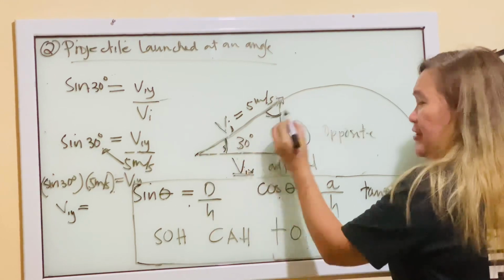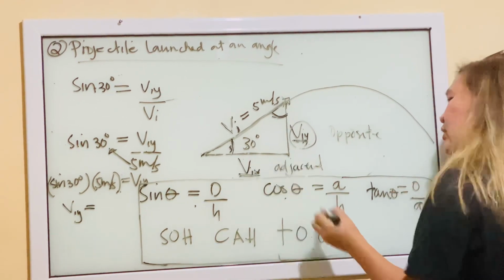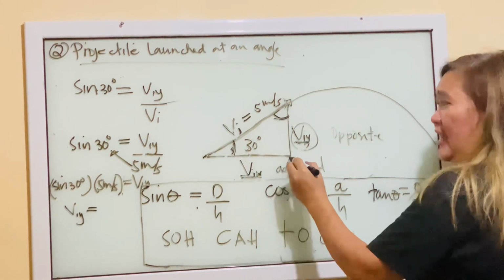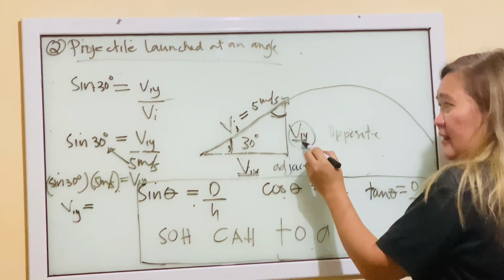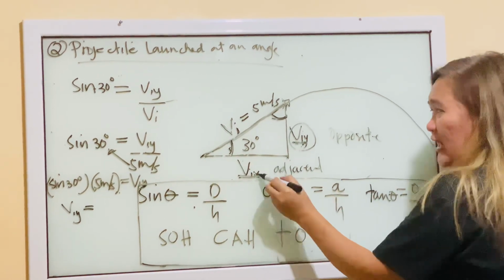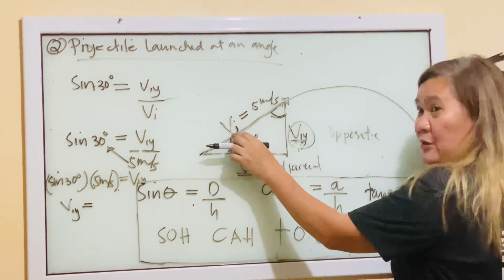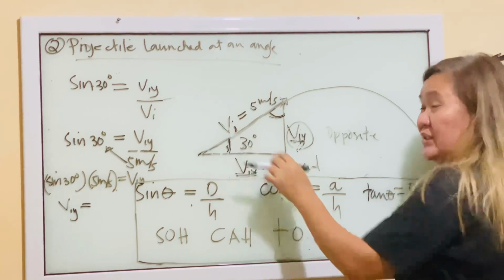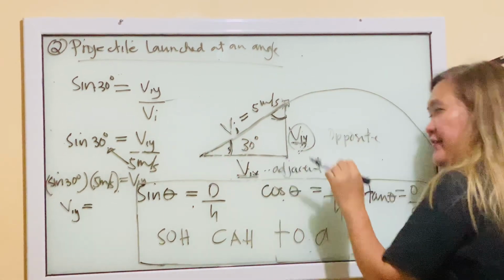Make your V sub I your hypotenuse. And then your V sub IX, ano yung V sub IX? That is your horizontal. And vertical is your V sub IY. Now, these two make up your V sub I. Ito yung dalawang components. When you combine these two, it will make up your V sub I. V sub I is a combination of V sub IX and V sub IY.